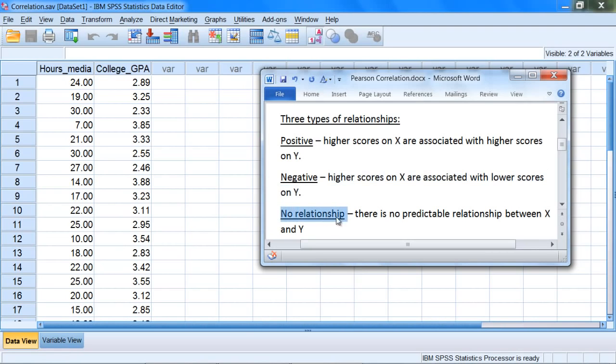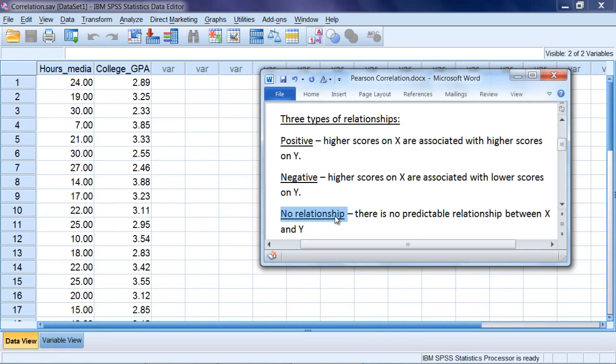Finally, our last type of relationship is no relationship. That means there's no predictable relationship between x and y. Another way to think about it is, where for positive we had higher on x, higher on y, and for negative we had higher on x, lower on y, for no relationship, if you have a low x, you're going to have some low y's, some medium y's, and some high y's.